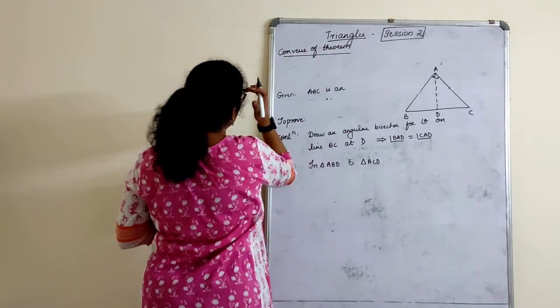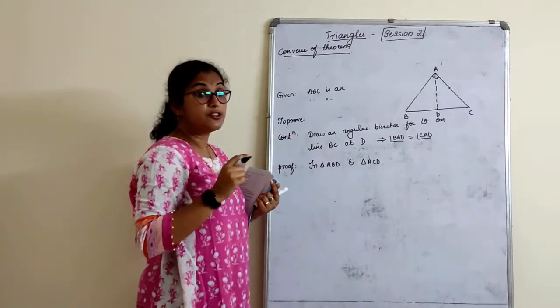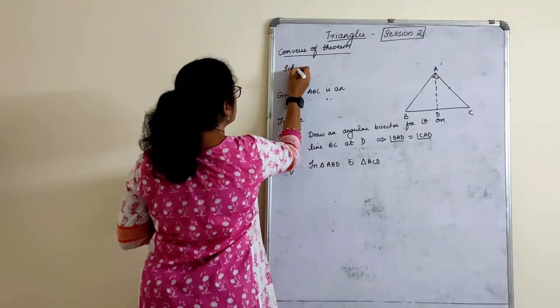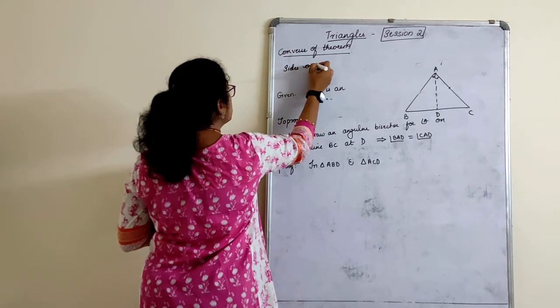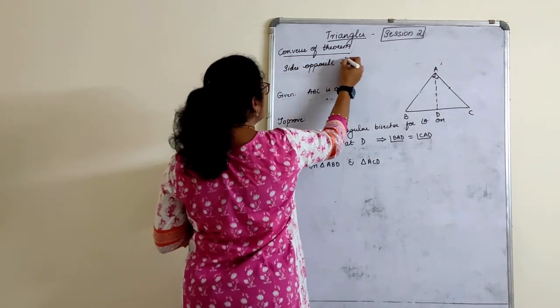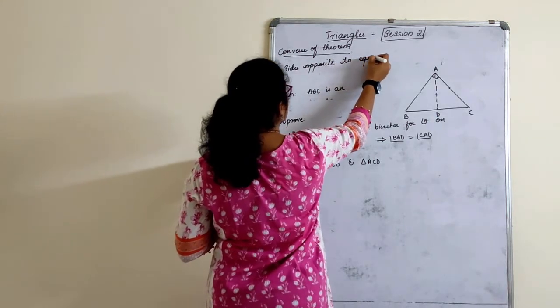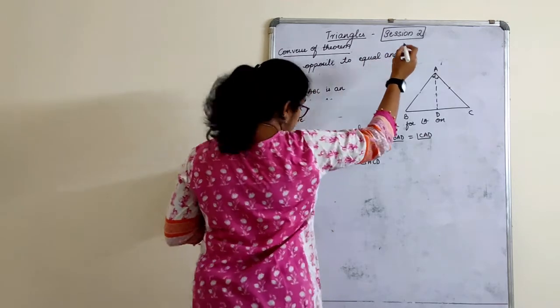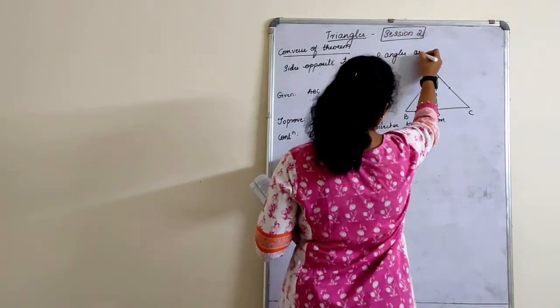Right? So previous one was angles opposite to equal sides are equal. Sides opposite to equal angles are equal.